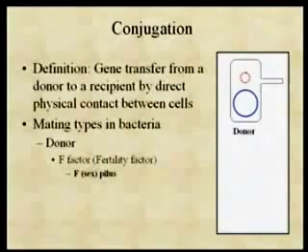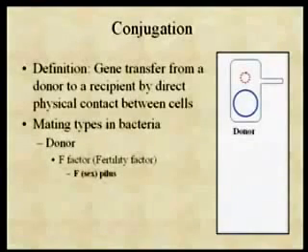A donor is a donor because it harbors an extra piece of DNA, which is referred to as the F factor or fertility factor. Now, this F factor is an extrachromosomal piece of DNA, and it's an example of a plasmid. Plasmids are extrachromosomal pieces of DNA. This is the F plasmid.